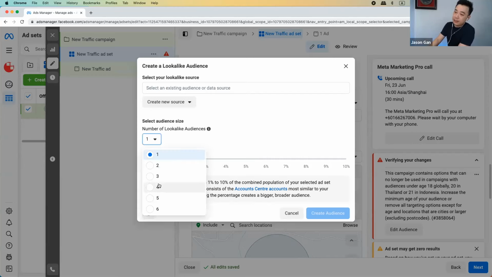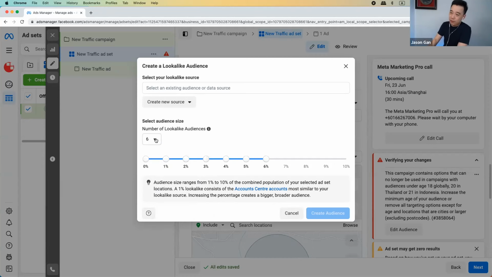You can select to create up to 6 lookalike audiences. When you go for multiple numbers and click create audience, say you select 6, that means you will have 6 different audiences: 0 to 1%, 1 to 2%, 2 to 3%, 3 to 4%, and whatnot. To me, it's quite meaningless, but some people like to use it in a different way.